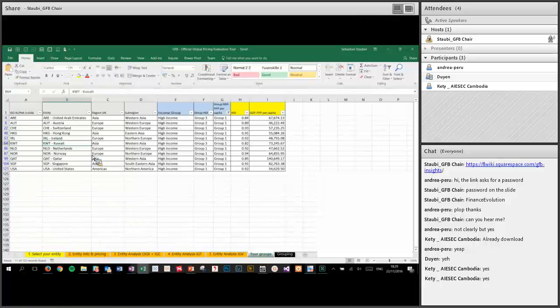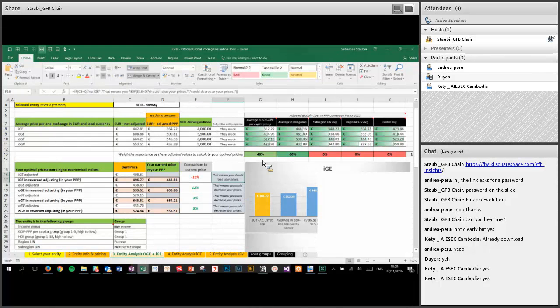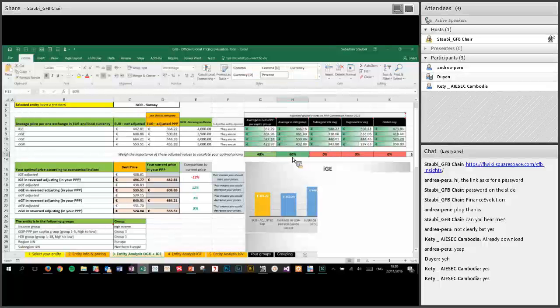So to sum it up, you figure out what is the best assessment factor, so the best column here, and then make the weighting yourself, and then you can see what is the best price in your entity. The best price is always considered in euro, but in your purchasing power parity. So here we have written reverse adjusting, which means this is the price in your local purchasing power parity.